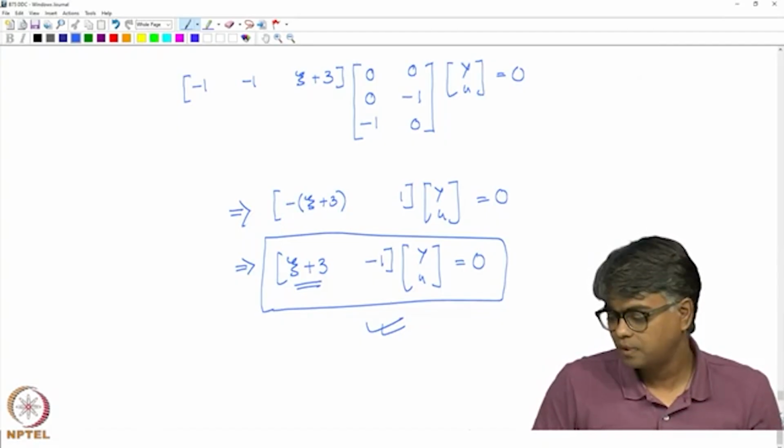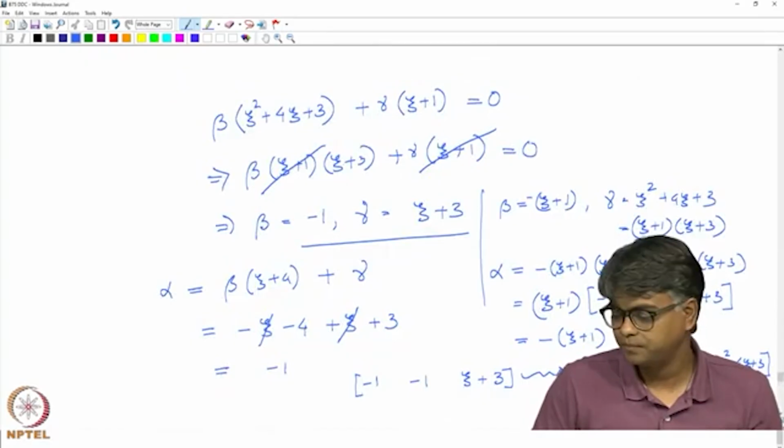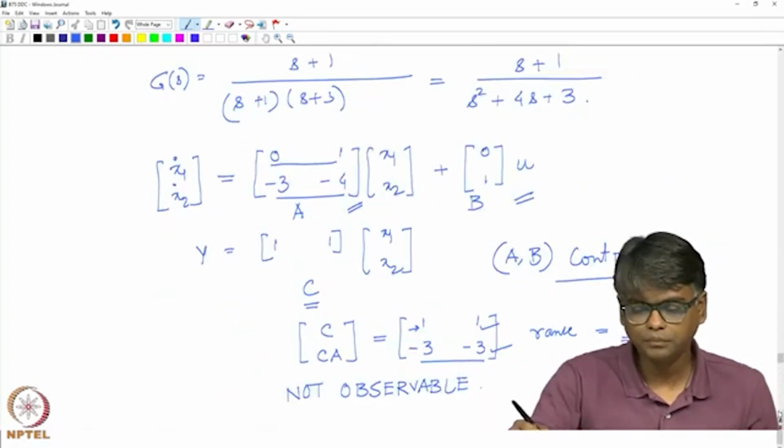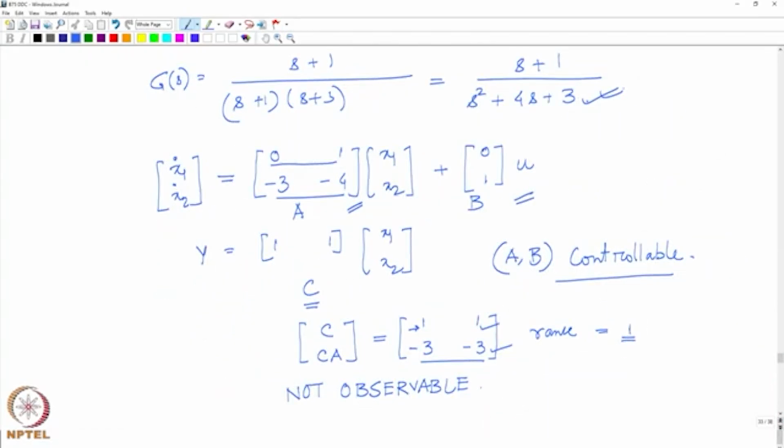Well, for us, although we started with this system, actually this was the way of constructing the problem. Our problem really starts from here. Somebody gives us a latent variable representation. In this case, it is a particular kind of latent variable representation, namely state space representation.